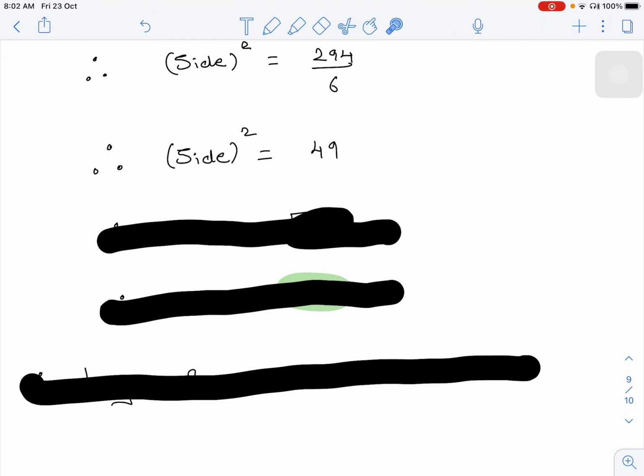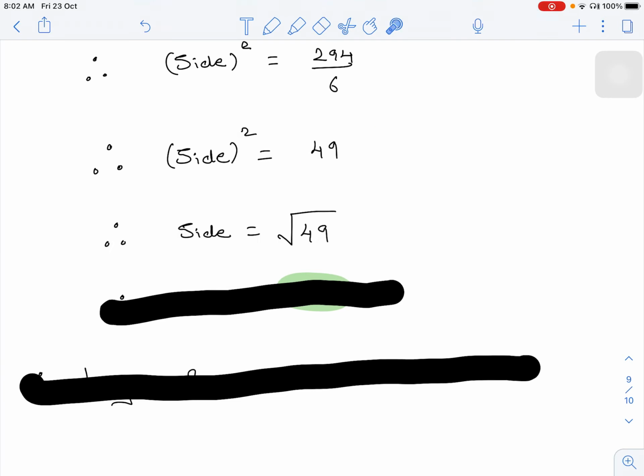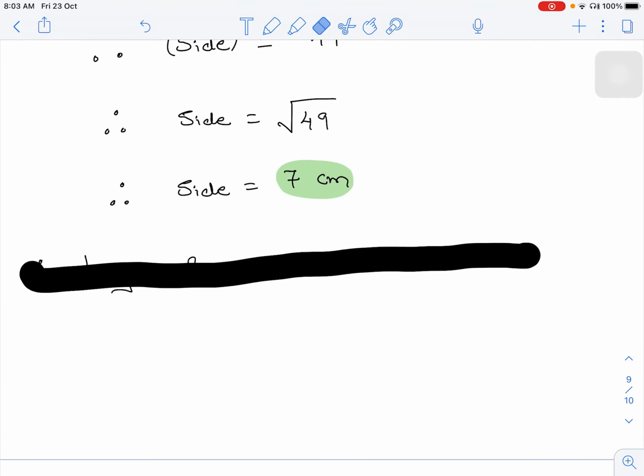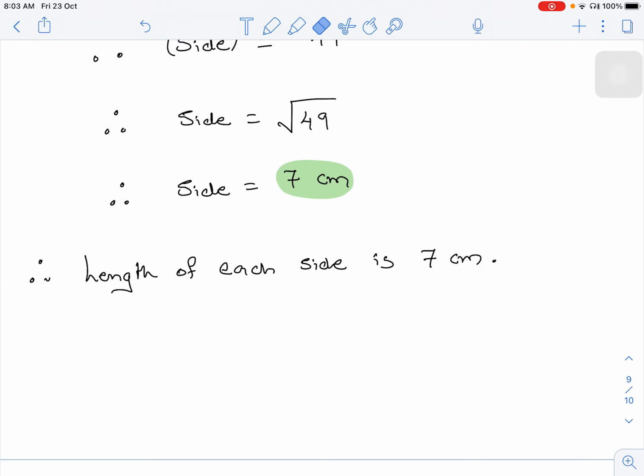So how to remove this square? We have to take the square root of both sides. So we get side equals root 49. What is the square root of 49? It is 7. So the side is 7 centimeter.